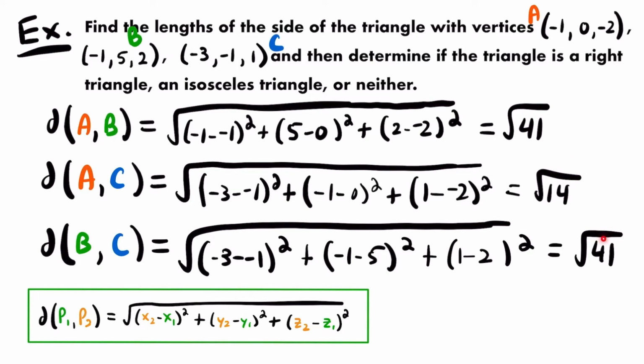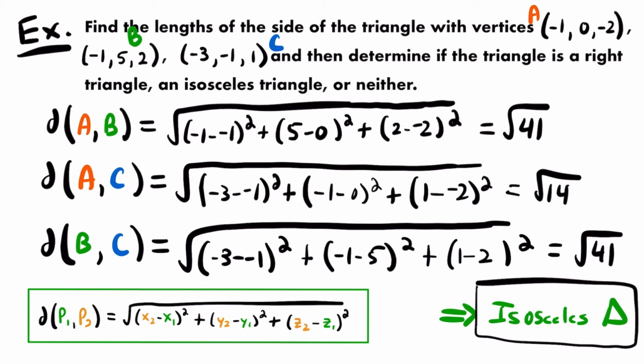If 2 sides of the triangle are the same, but the third side is different, then we have an isosceles triangle, right? An isosceles triangle has 2 sides that are the same length, and then the third side is a different length. All right, and so in this case, we can make the conclusion that we have an isosceles triangle. Okay, that's the answer to this example.